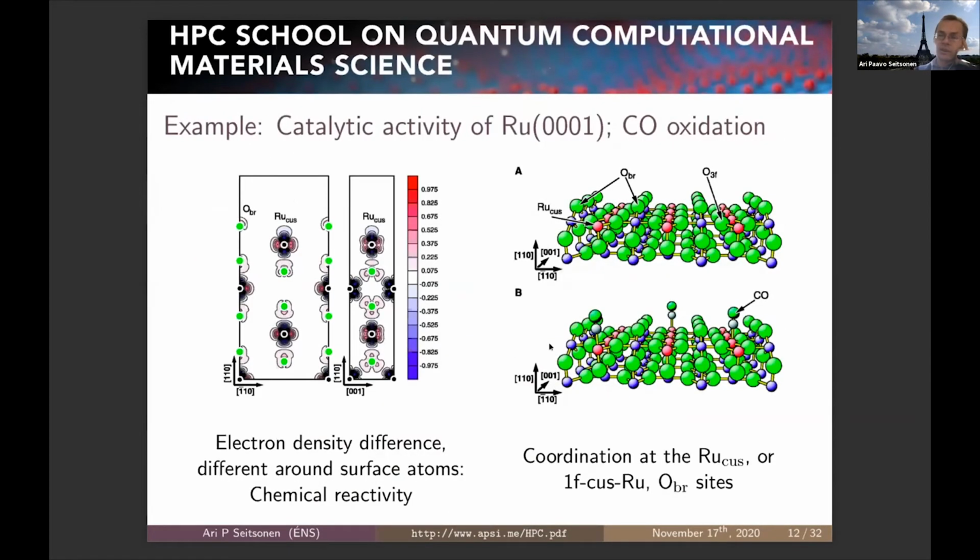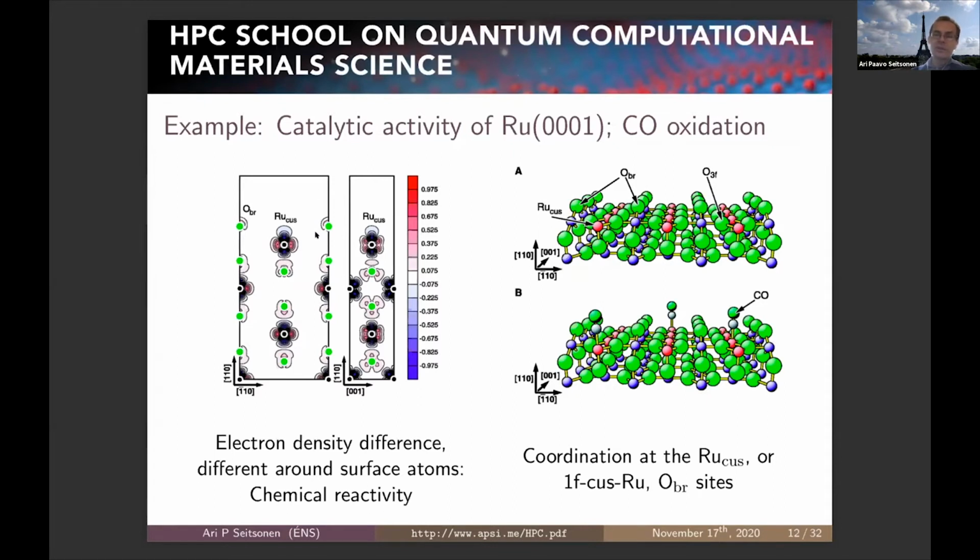We used DFT calculations, or I did DFT calculations at the time. We used the so-called slab geometry, where we have some layers of the surface and then vacuum. We use periodic boundary conditions, so we have to have enough vacuum and so on, but these are technical details. What you see here is the top direction of the surface.